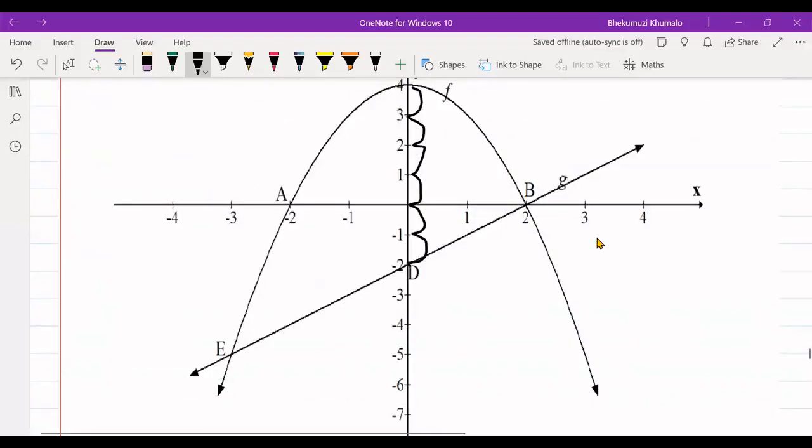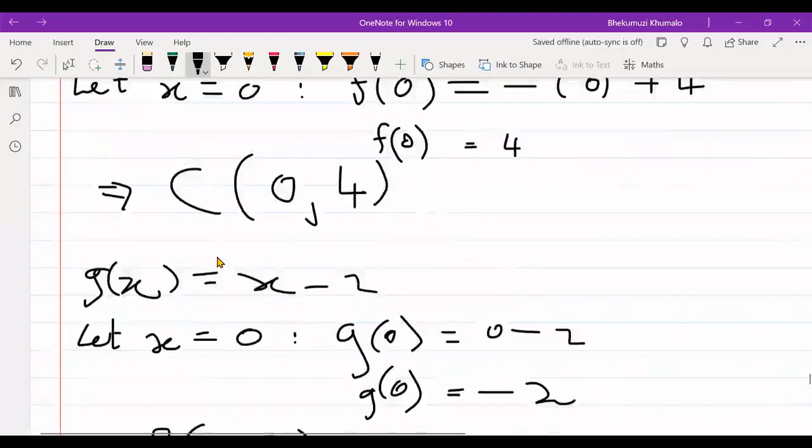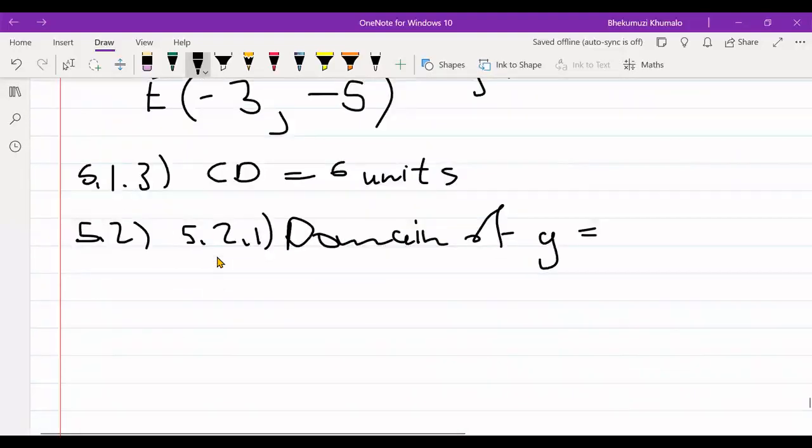Remember, the domain is asking you, what are all the X values that this graph goes past? If you look at this, this is going continuously and this is going continuously down. So this most probably is going to go from negative infinity to positive infinity. You can write it in interval notation as negative infinity to positive infinity, with open brackets.